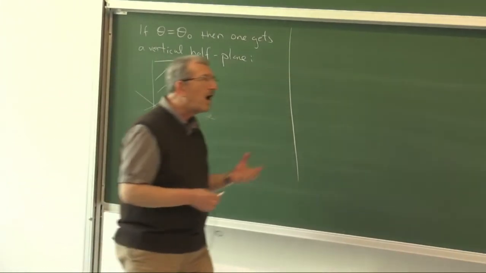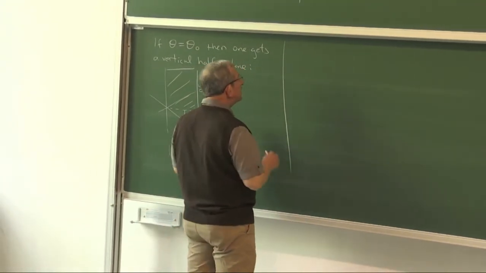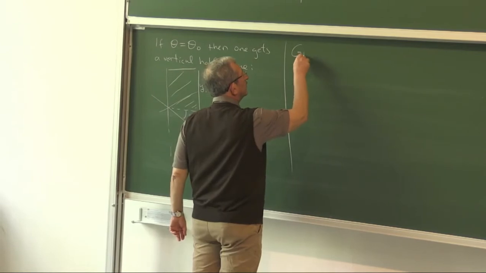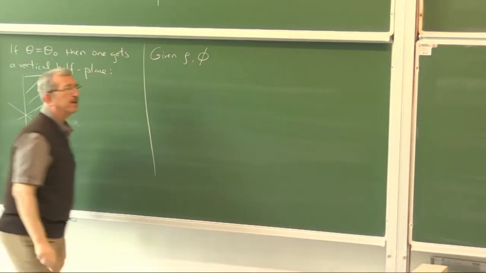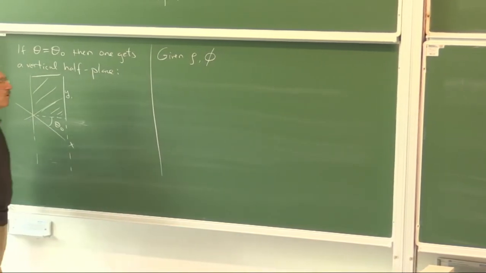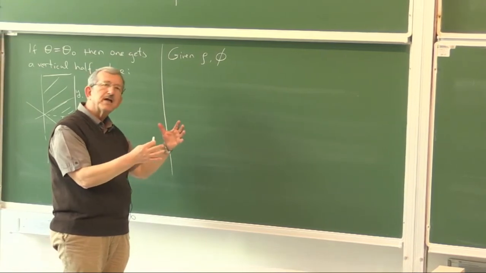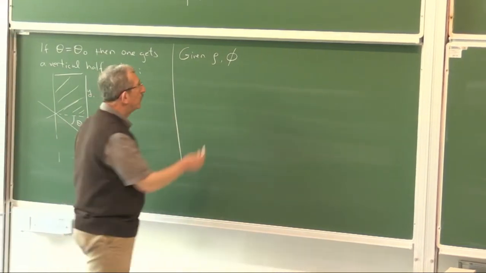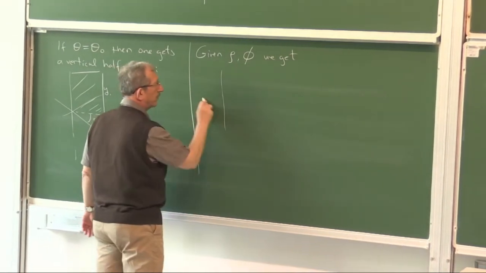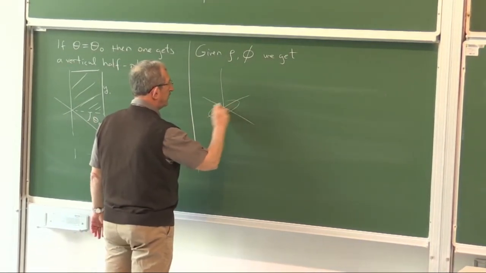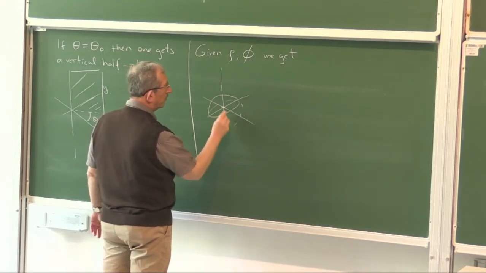Well, we can argue as follows. Let us first, given a rho and a phi in the first place, see what we get. Well, rho is a given number, it means that we have a sphere with radius rho.